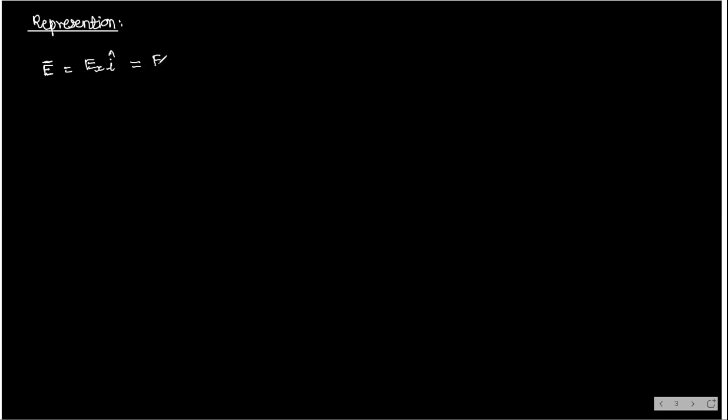So it is equal to E naught sine (kz minus omega t) along i cap, where E naught is the amplitude, and k is the wave vector.